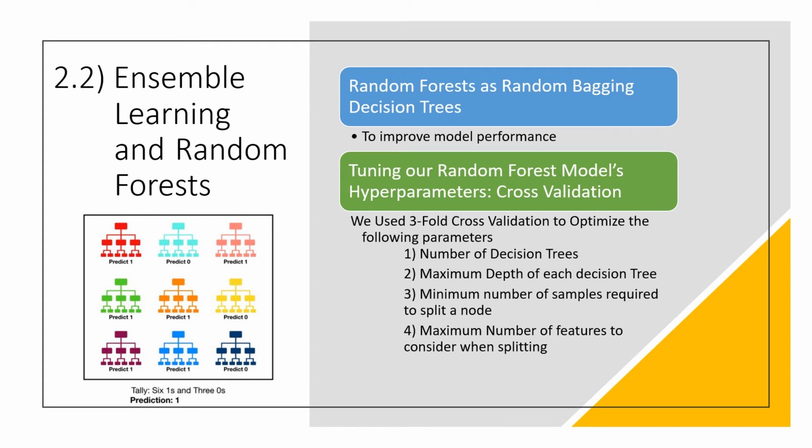Moreover, we will be tuning our model's hyperparameters using three-fold cross-validation. Specifically, the parameters that we will be optimizing are the number of decision trees, the maximum depth of every decision tree, the minimum number of samples required to split a node, and the maximum number of features to consider when splitting.